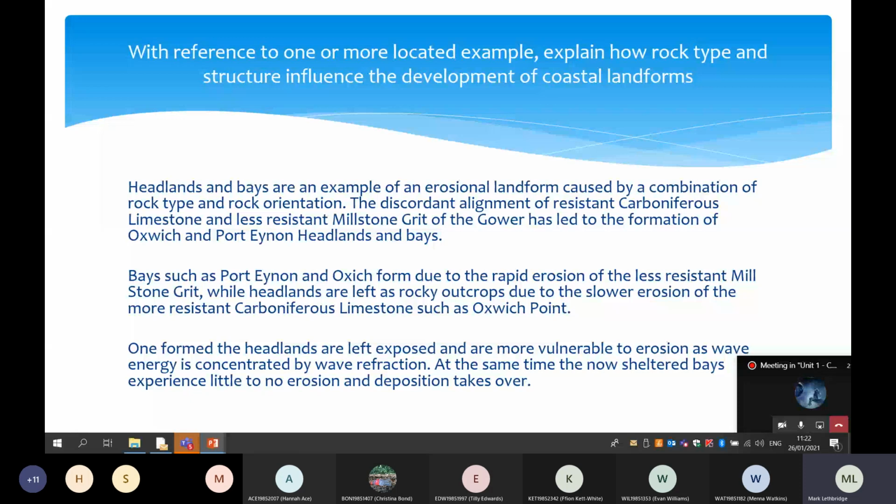So you've mentioned Oxwich and Port Eynon headlands and bays, so you've named your example, you've named the types of rock as well, and you've said that it is a discordant coastline.